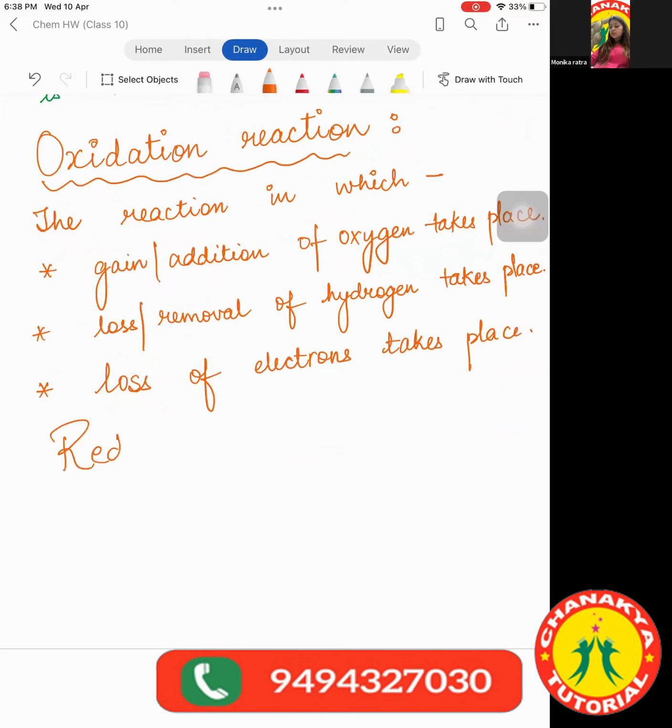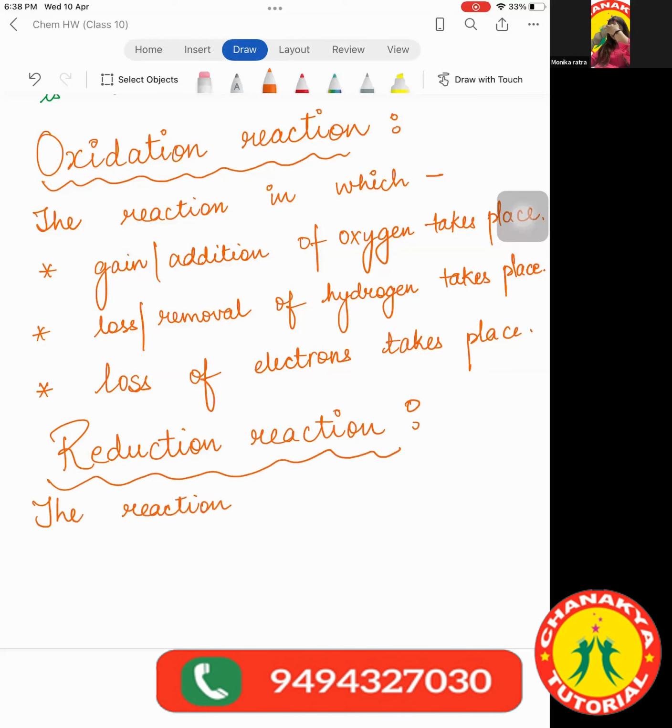Then comes our reduction reaction. Exactly the opposite of what is happening in oxidation will happen in the reduction reaction. So the first thing would be the loss or removal of oxygen. Fine, children.